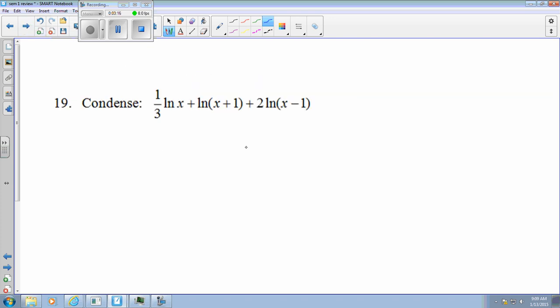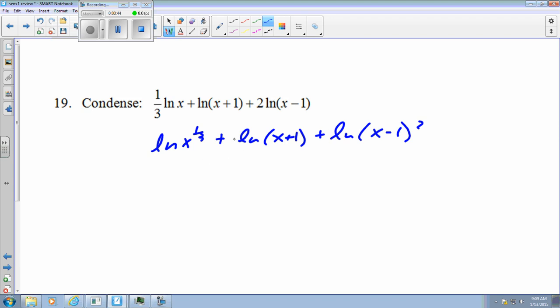If we're going to condense this, we're going to put ln of x to the 1/3. Notice that the opposite operation of the exponent coming down is it going back up, plus ln of x plus 1, plus, again, the number out front goes up top, the ln of x minus 1 squared.